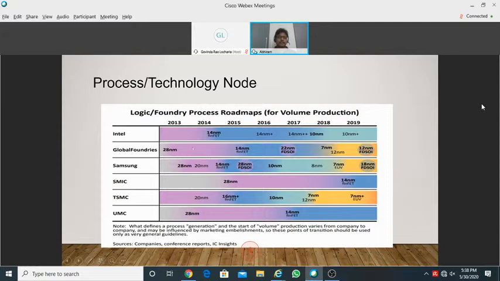In 2013 we see around 28 nanometer, but around 2019 we are closing in on 5 nanometer or 7 nanometer plus. 5 nanometer is still a work in progress, but 7 nanometer chips have already been released in 2020.